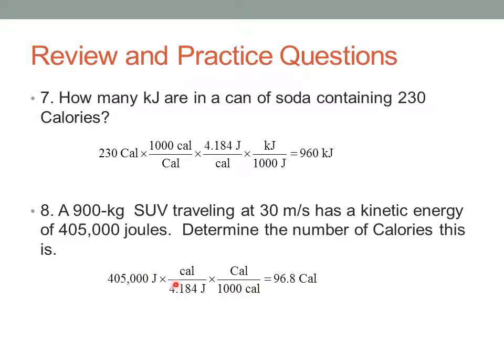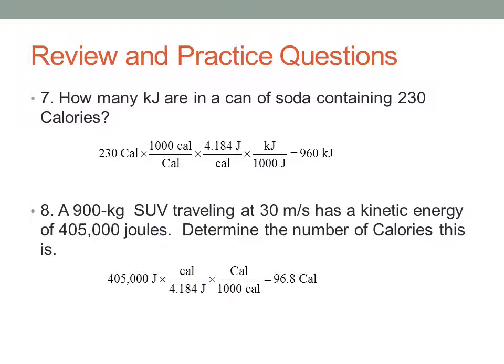The calories would cancel. And one thing I think is interesting about this is the small number of nutritional calories this is. Notice this is a little less than 100 calories, as we would simply say it if we were talking about our diet, which would be a very small snack. 100 calories is not very much. Comparing that to an SUV traveling down the interstate at 30 meters per second, which would be about 72 miles per hour, somewhere in there, which obviously we wouldn't want to get hit by that SUV.